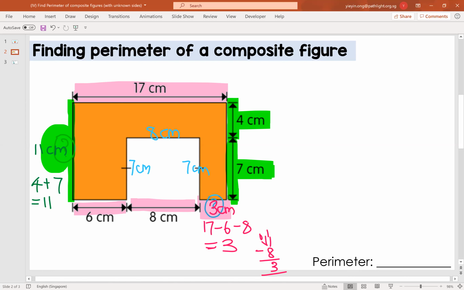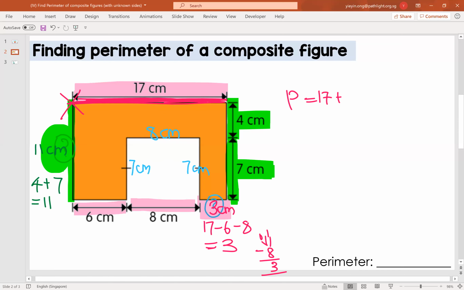Okay, so now that we have all the sides of this composite figure labeled, we can start to find the perimeter. To find the perimeter, remember we put a cross at the top left. This is our starting point. So we start by moving to the right. We walk past this top part, 17 centimeters.